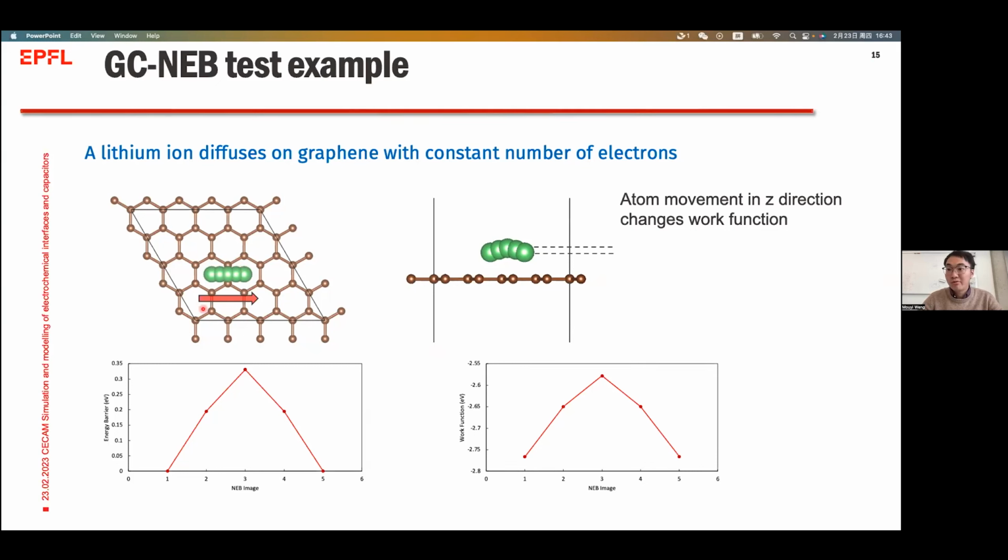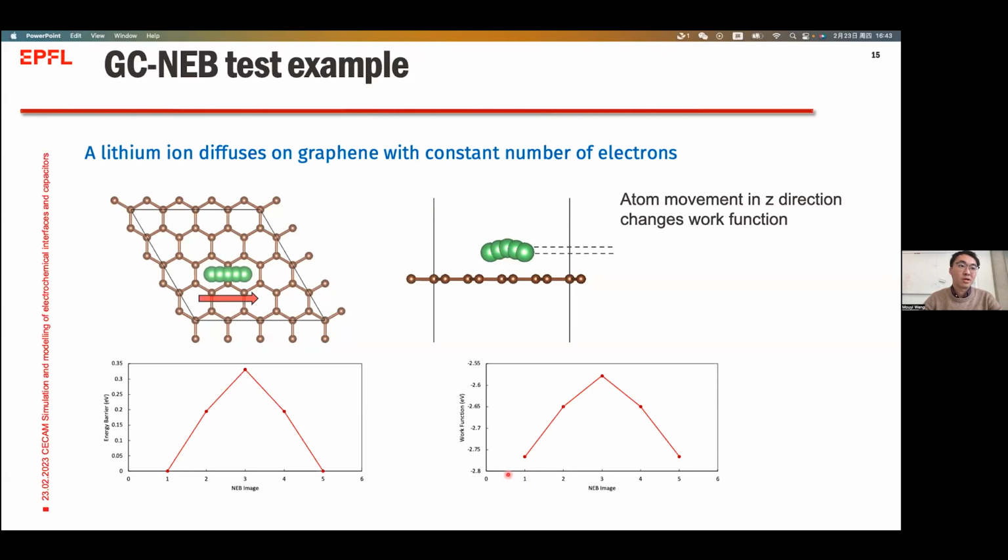During the calculation, we fixed all the carbon atoms. As we can see, if the lithium atom moves from the start point to the end point, the lithium atom will move in the Z direction, and the work function will change.